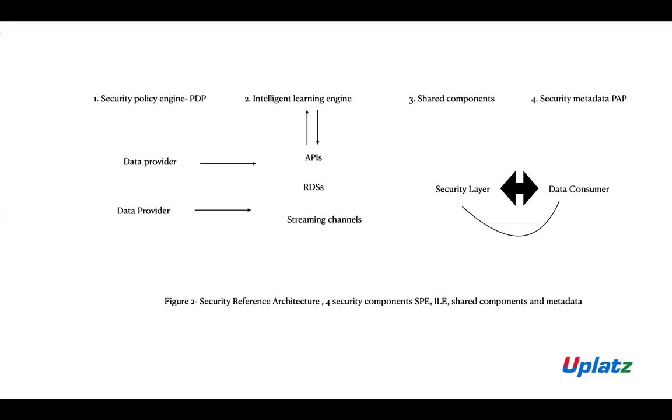In this we have seen the security process flow, which has data ingestion, data at rest, access to data, data consumption, data processing at the consumer side, and data onboarding again.